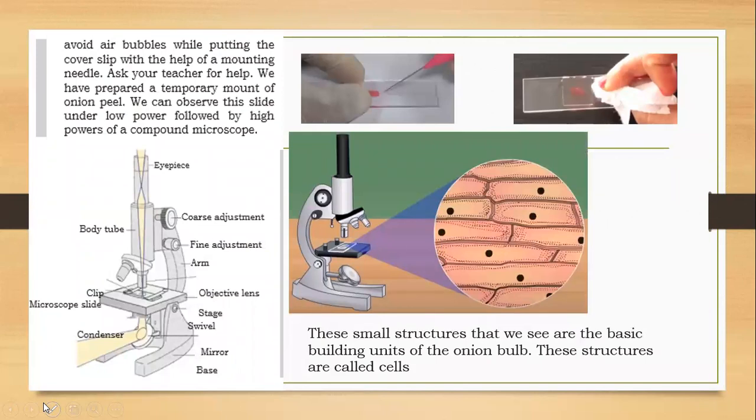Remove the extra water surrounding the slide with the help of blotting paper. Now we can observe the slide under the microscope. Small structures that we see are the basic building units of the onion bulb. These structures are called cells. The cell of an onion peel consists of cell wall, cell membrane, cytoplasm, nucleus, and a large vacuole.